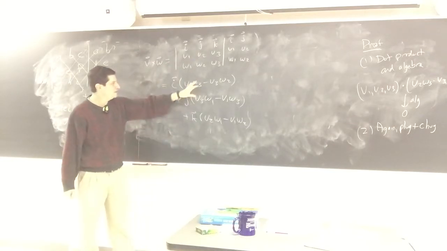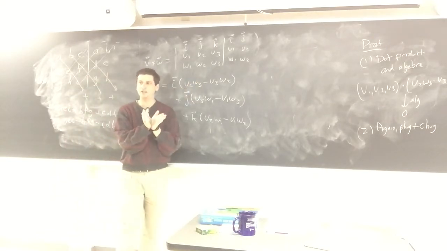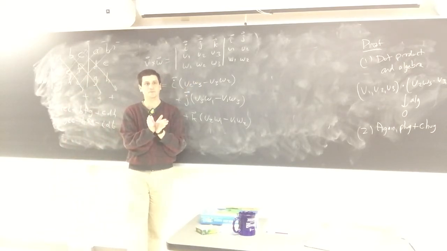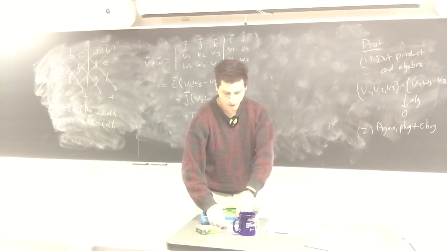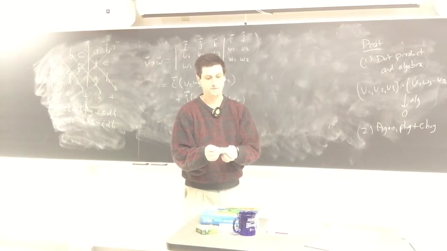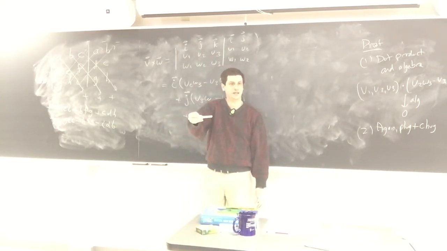Now, I've claimed that the geometric interpretation of v cross w is the area of the parallelogram spanned by v and w. Let's assume life is simple right now. Let's assume v and w are in a plane, and so they form a nice parallelogram in the plane. I want to find the volume of a parallelepiped.